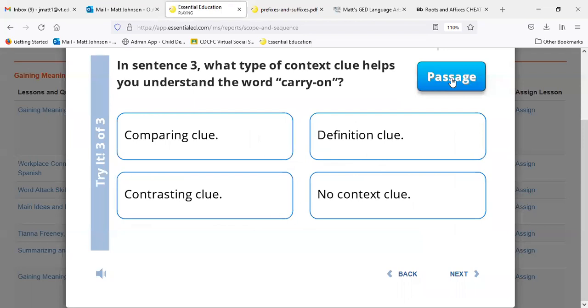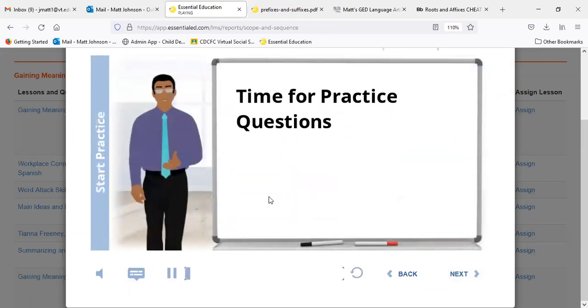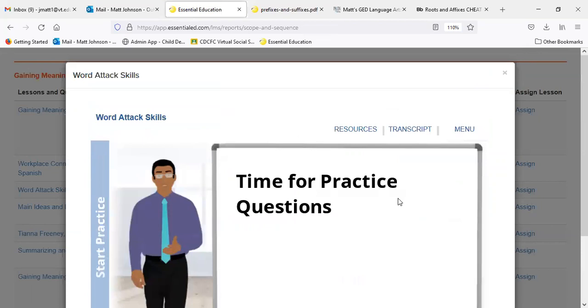So that's what type of context clue helps you understand the word carry on. The rest of the lesson is the quiz, and I wanted to save some time for you guys. So I'm going to wrap up a few minutes early here, and I'll let you guys take care of that. In the future, I hope to give you guys some more time. Rachel and I are still working out the kinks for the new program and everything.